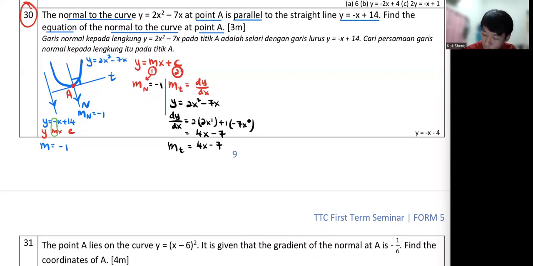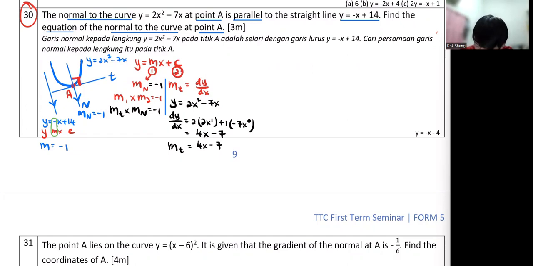And just now I did explain that the normal is 90 degrees to the tangent. So here comes another formula, the perpendicular formula. m1 times m2 equals -1. Because they are 90 degrees, the gradients multiplied together equal -1. So you can use that to find the mt. mt times mn equals -1.